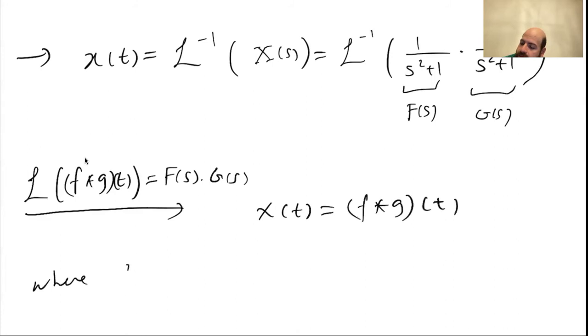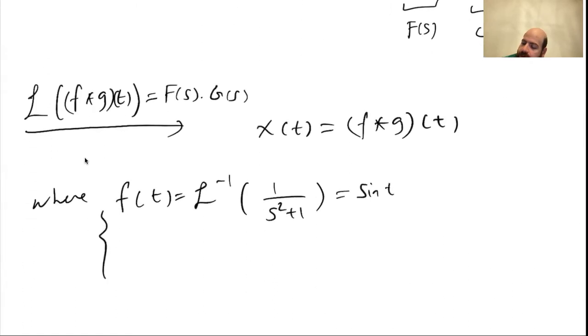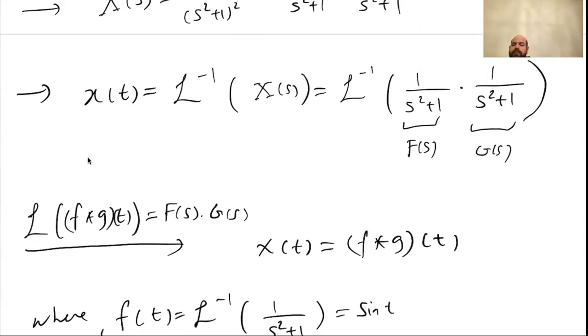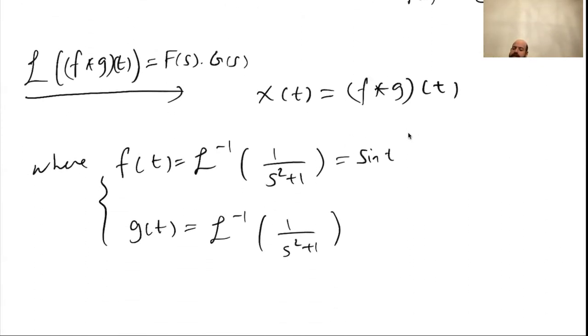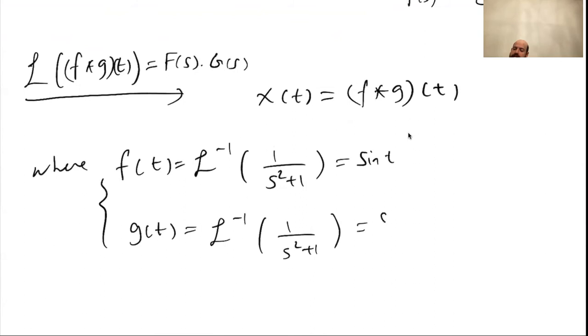Where what are f of t and g of t? F of t is the inverse Laplace transform of 1 over s squared plus 1, which is sine t. And g of t will be the inverse Laplace transform of, again, 1 over s squared plus 1, because here both my capital F and capital G are 1 over s squared plus 1, as you can see here. And this is also sine t.